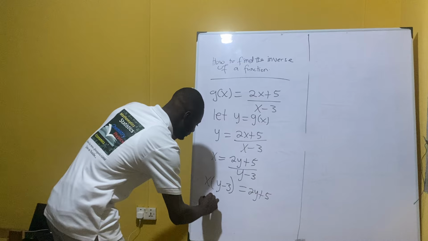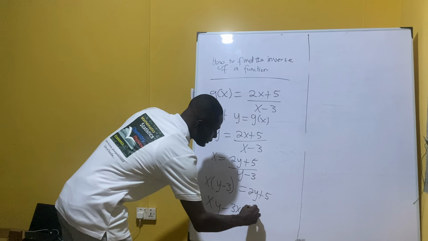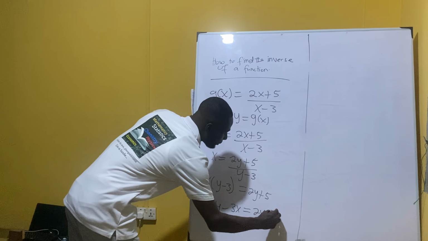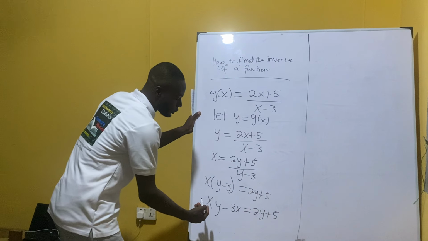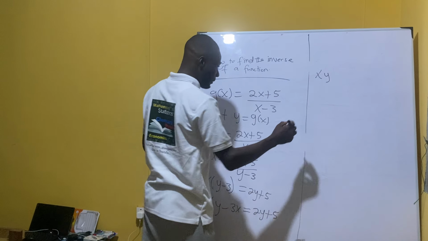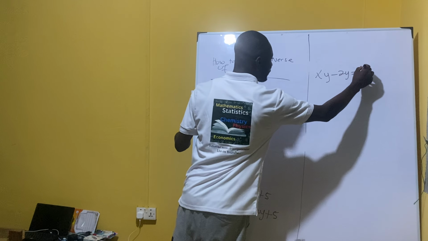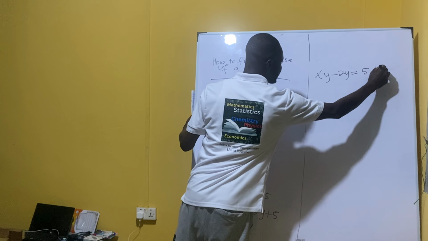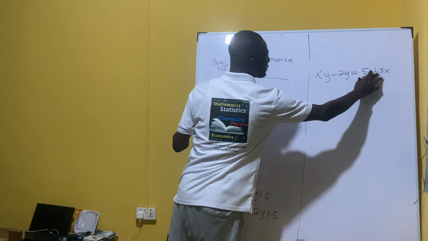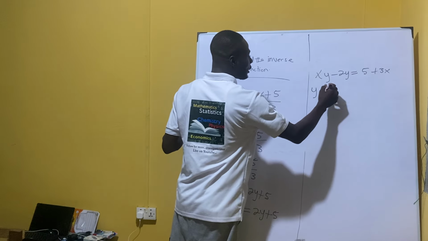Making y the subject, we have xy - 3x equals 2y + 5. So we are going to have xy - 2y is equal to 5 + 3x.